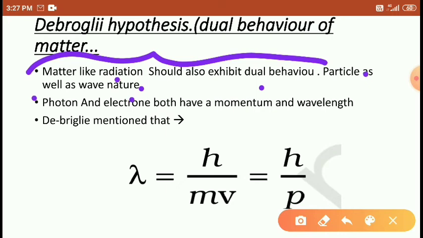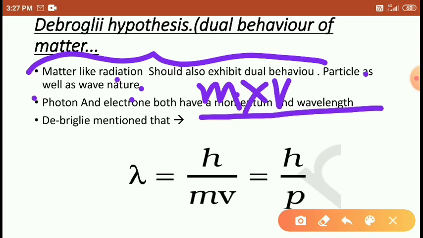Photons and electrons both have momentum and wavelength. Momentum means mass into velocity, that is what we call momentum. Wavelength is lambda. So electrons and photons both have momentum as well as wavelength.